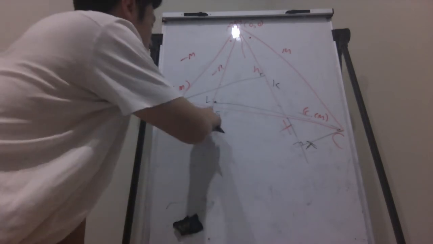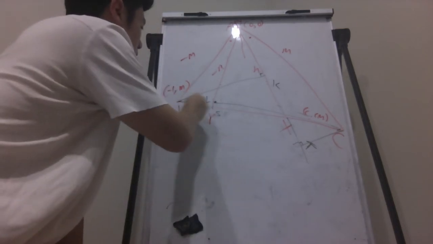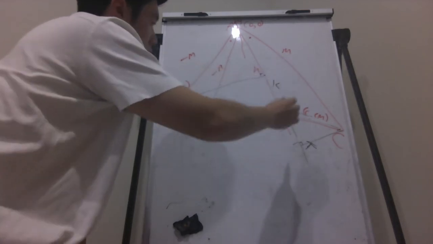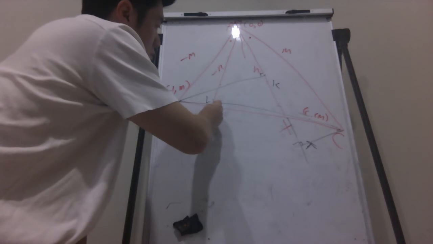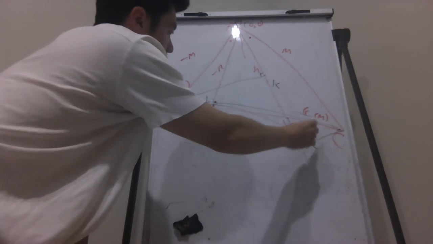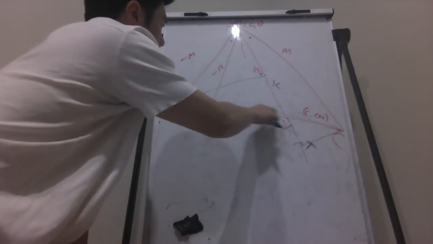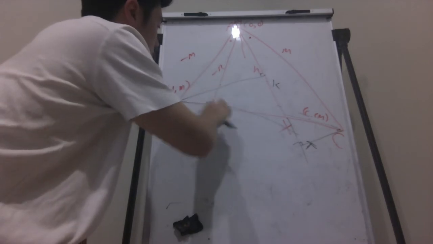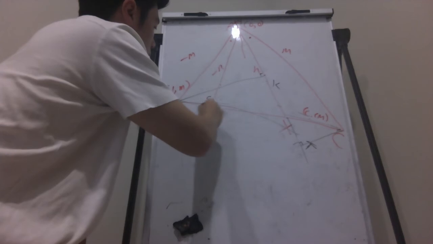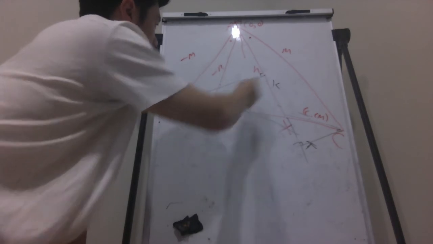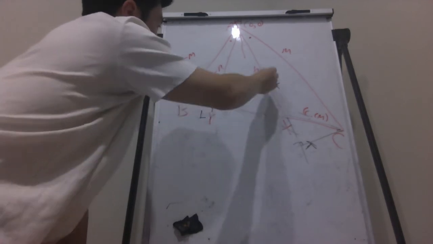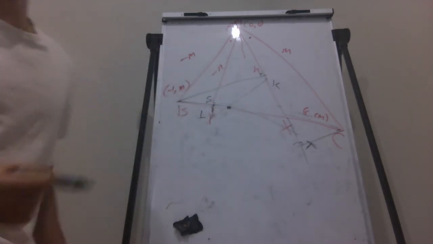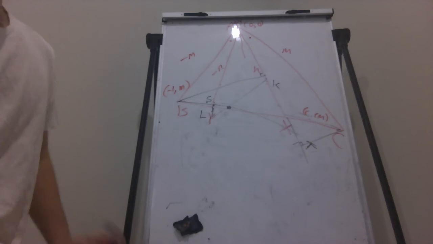Maybe if S was actually just over here, then ST, and KL would have to be down here. Okay, so that's kind of the idea, yeah?